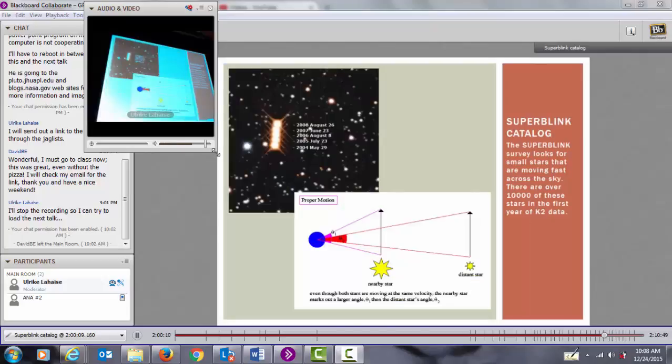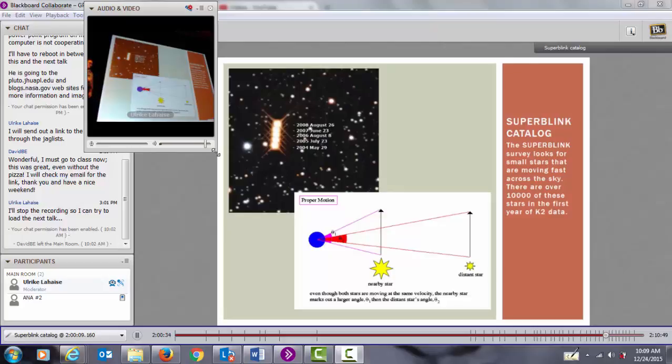Okay, so the Superblink catalog is something that my advisor has been working on since, I think, 2005, maybe before that. What it is, is a proper motion survey. Proper motion is the apparent motion of stars across the sky against background stars. So stars that are nearby are going to look like they're moving more across the background.